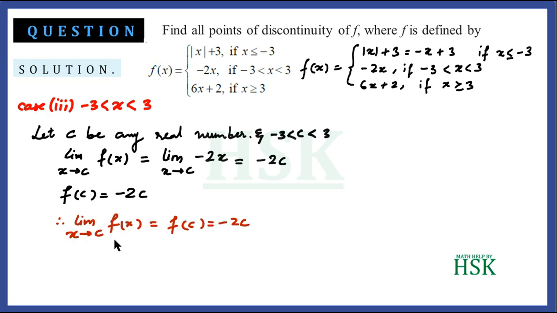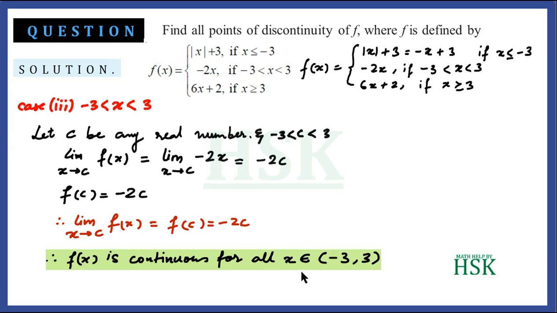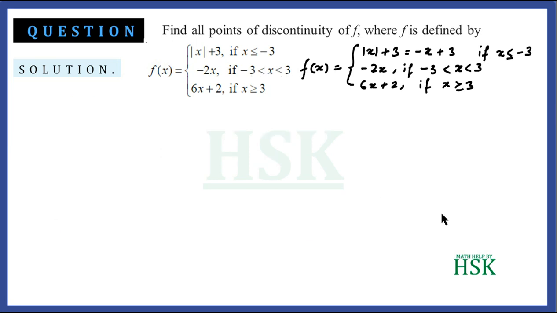Therefore, limit of x tends to c for this function f(x) would be equal to f(c), which is equal to minus 2c, and c can be any value in this interval. Therefore, f(x) is continuous for all x belongs to minus 3 to 3, that is for all values of x greater than minus 3 and less than 3.